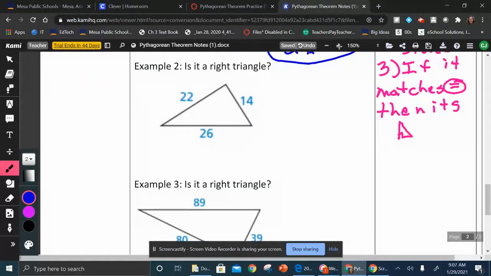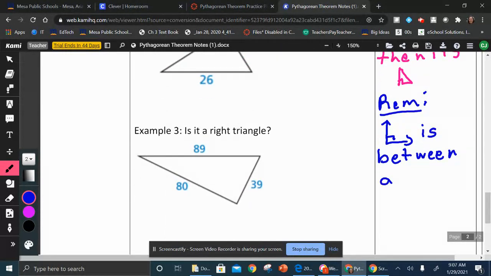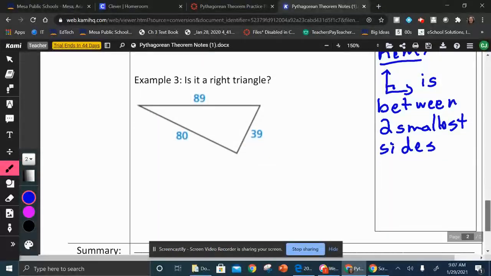Okay, so this next one, everybody, is it a right triangle? We also remember the right angle is between the two smallest sides. And I'm going to add this.